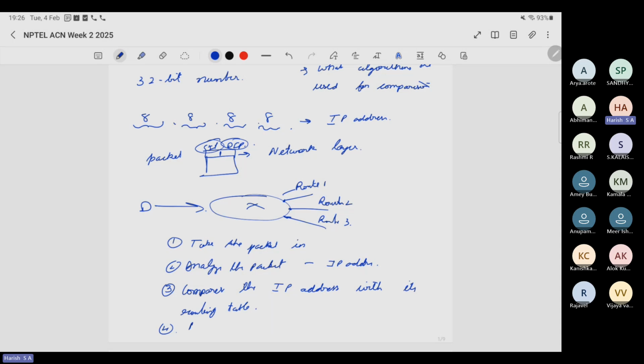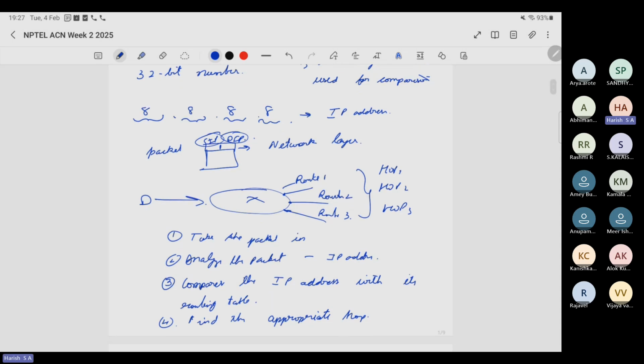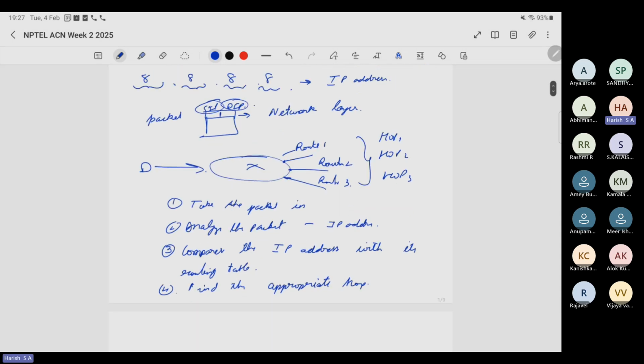Then find the appropriate hop. These are also called hops. Let's say hop 1, hop 2, hop 3. So essentially, this is what happens. This week, what was spoken about was all of those specialized algorithms used to store the lookup table.